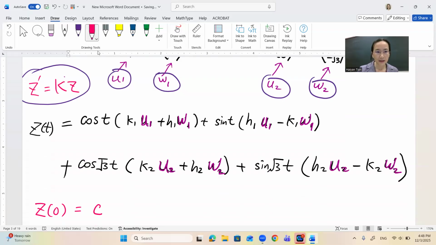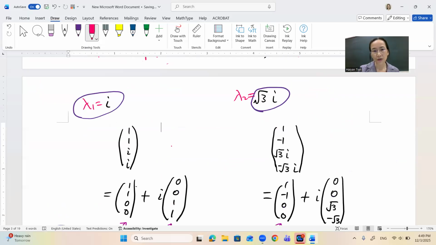So here is the representation. Recall that in the representation formula, we have e to the real part of the eigenvalue times t. But here the real part is 0. Why? Because if you look at the eigenvalue, do we have a real part? The real part is 0, right? This one also, the real part is 0.